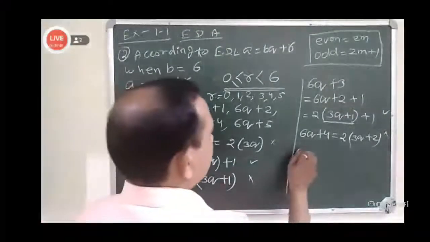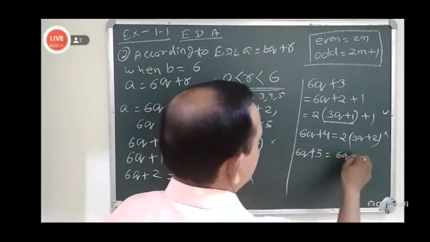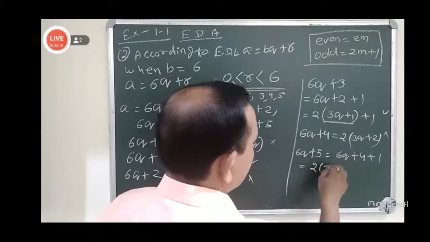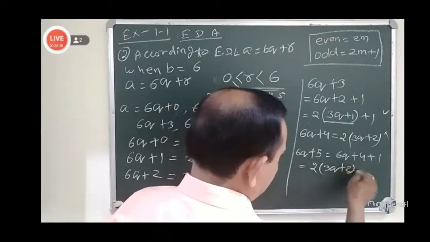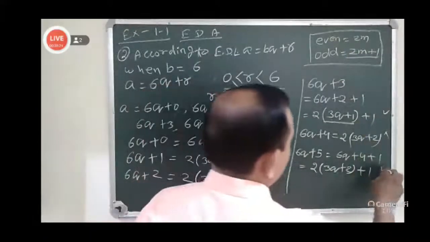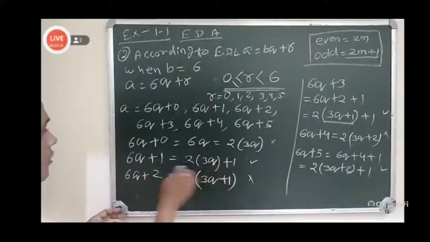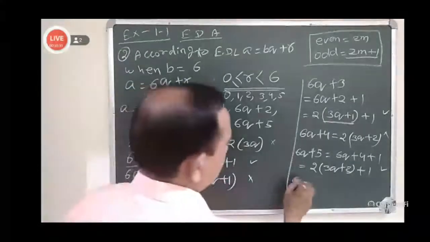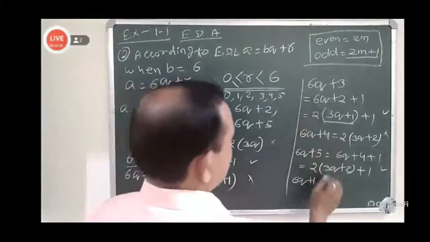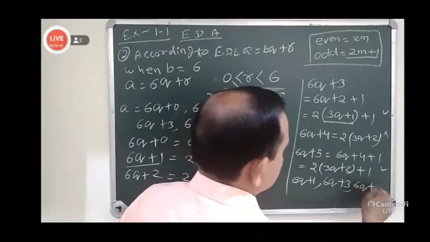Other is 6Q plus 5, which equals 6Q plus 4 plus 1, equals 2 into 3Q plus 2, plus 1. This will be an odd number. So the possible odd numbers are 6Q plus 1, 6Q plus 3, and 6Q plus 5.